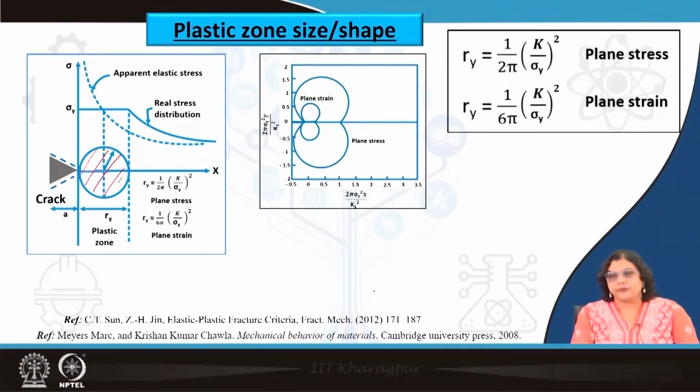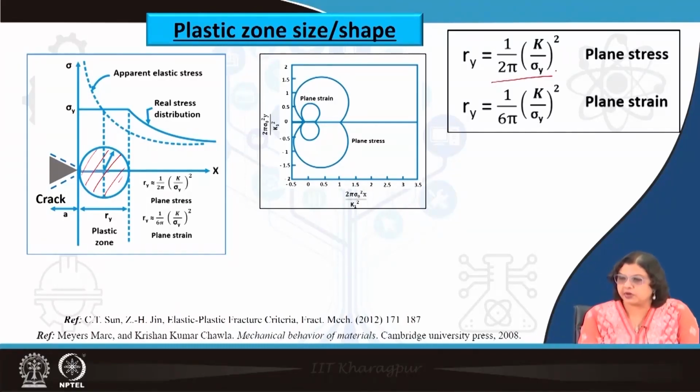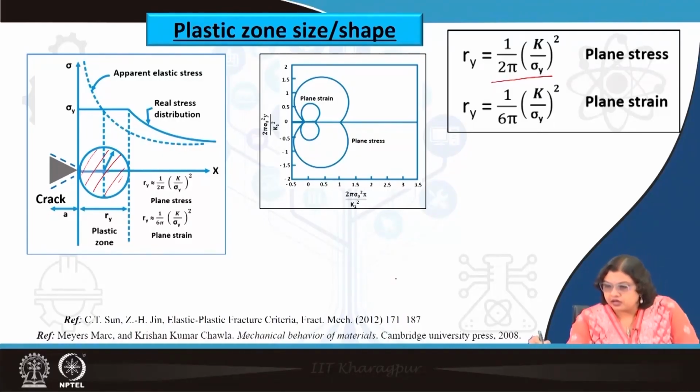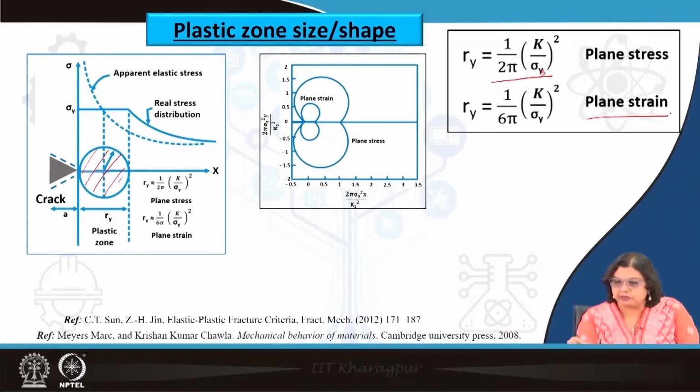And the typical plastic zone size under plane stress condition is what has been shown as Ry equals 1 by 2 pi, K by sigma yield strength, squared, and under plane strain condition, as we have seen, the plastic zone size is much smaller in this case, and this is just 1/3 of that under plane stress condition.